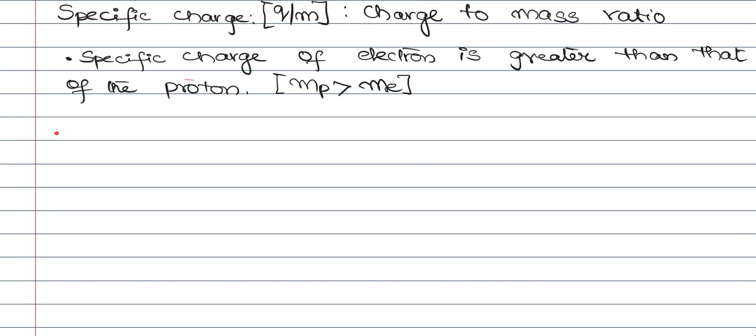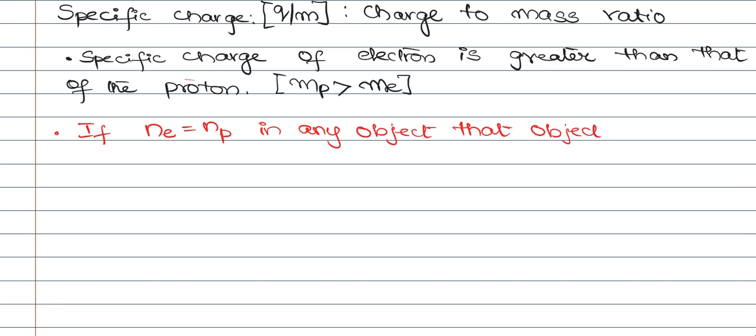So if the number of electrons is equal to the number of protons in any object, that object is said to be electrically neutral.